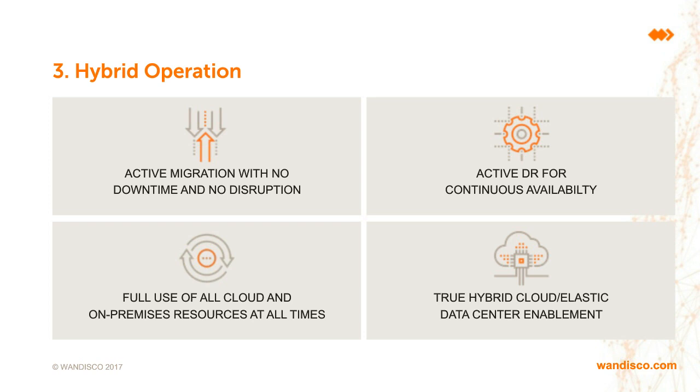So the other challenge around hybrid operation is in thinking about a true cloud or elastic data center enablement, where you are treating both data and applications in a more flexible manner, such that they can be deployed and used in either on-premises or cloud infrastructure at any point in time.